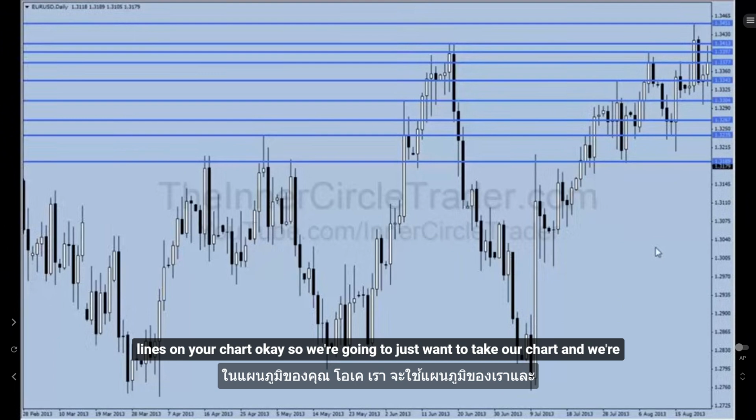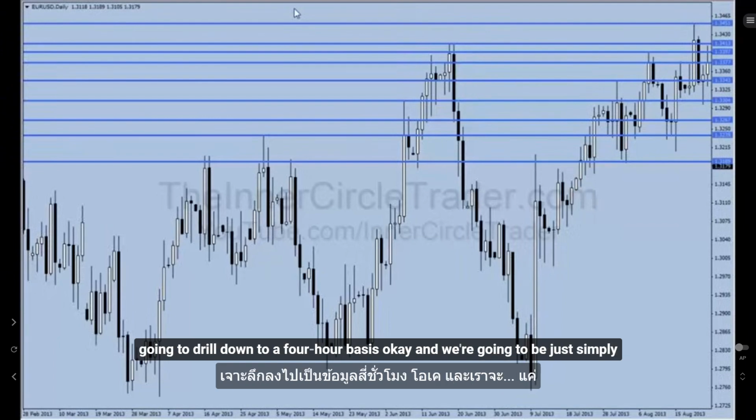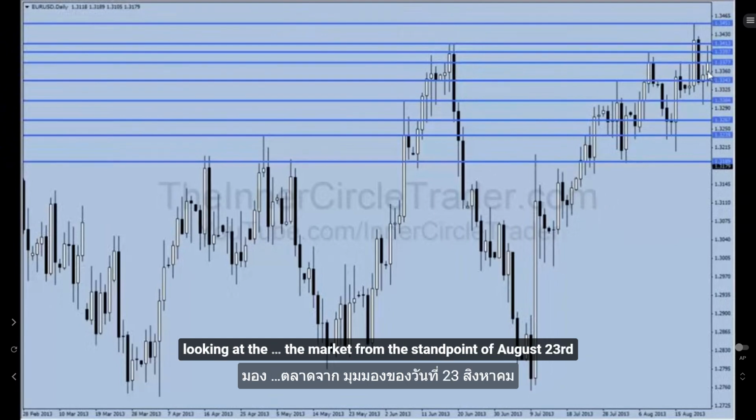So what we're going to do is take our chart and drill down to a 4-hour basis, and we're going to be looking at the market from the standpoint of August 23rd.